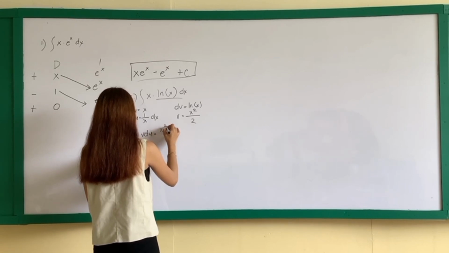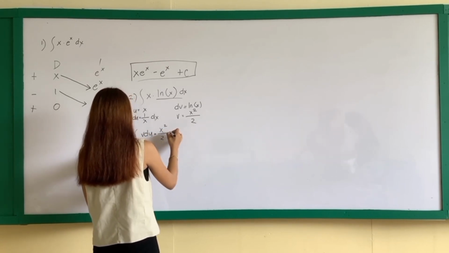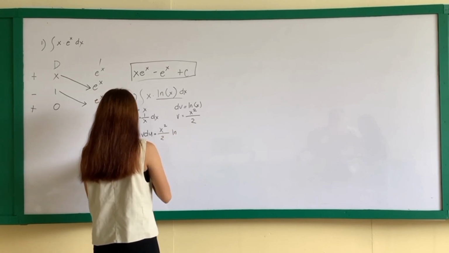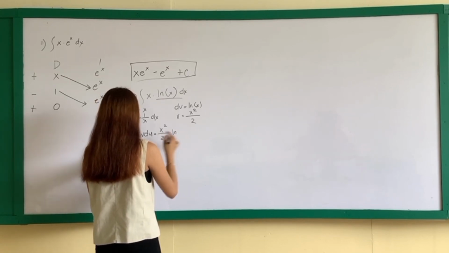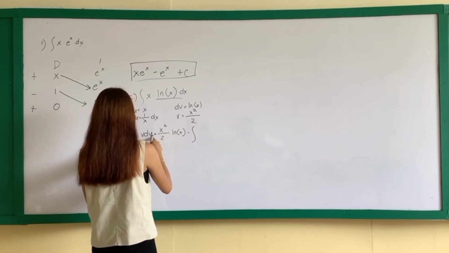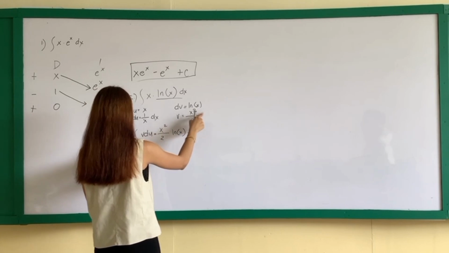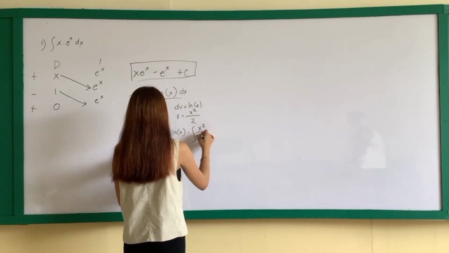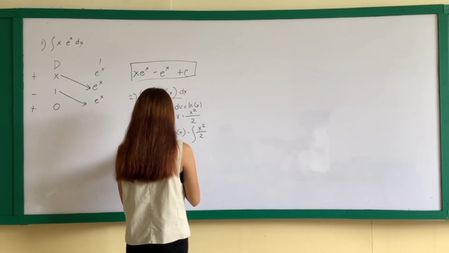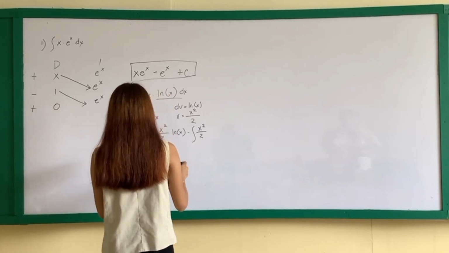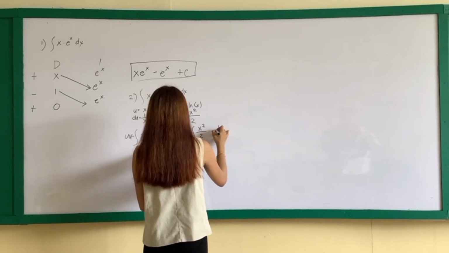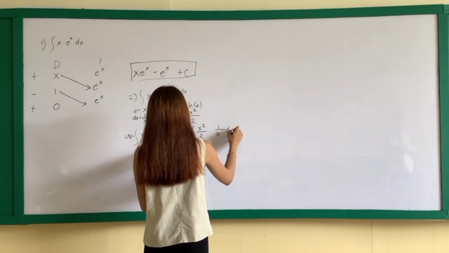So we put x squared over 2 ln x minus the integral of v du, where v is x squared over 2 and our du is 1 over x dx.